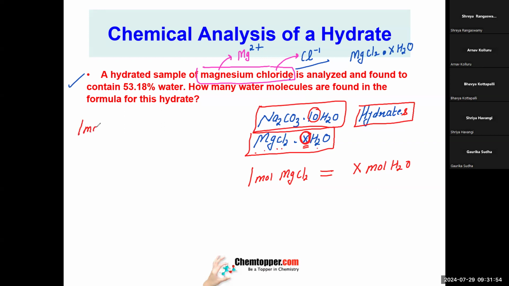1 mole of sodium carbonate has how many moles of water? How many? Look at the formula. Answer it. 1 mole of sodium carbonate has how many moles of water?